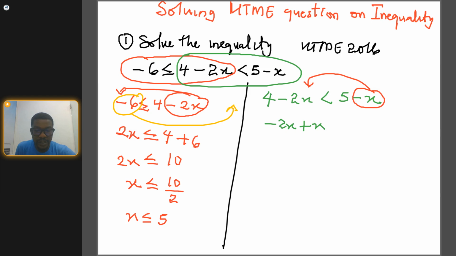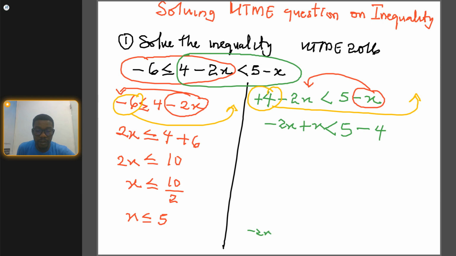We have less than. Initially, we have 5. Now let's move 4 also. The sign of 4 here is plus, so when moving it to the other side, we get minus 4. So we have minus 2x plus x is less than 5 minus 4. Minus 2x plus x should give us what?